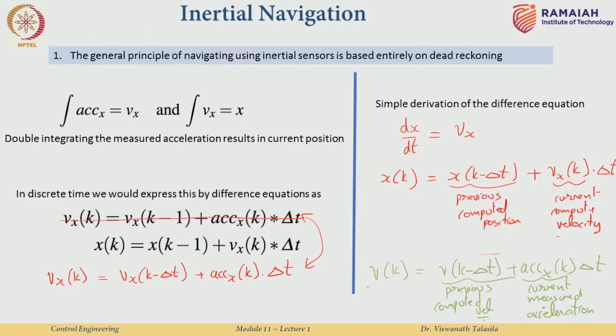So, this would be step 1, this would be step 2. You first compute the velocity based on the previous known velocity and the current acceleration, then having the value of this velocity, you plug it into this equation for computing the position. So, the current position is equal to the previous computed position plus the current computed velocity times Δt, and that is basically this expression over here.